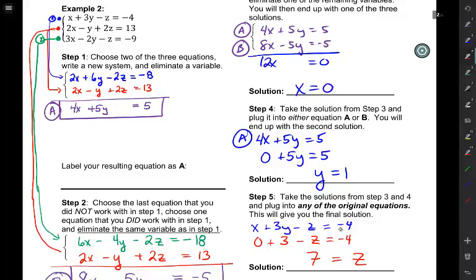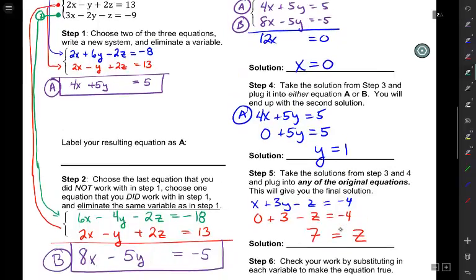What equation did he use to solve that with? What color? Blue. So what color must I use to check it with? Not blue. Anything but blue. All right, so let's check it. Green or red, your pick.